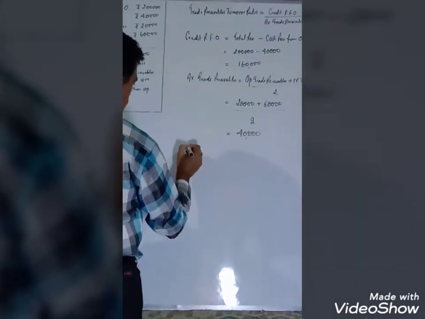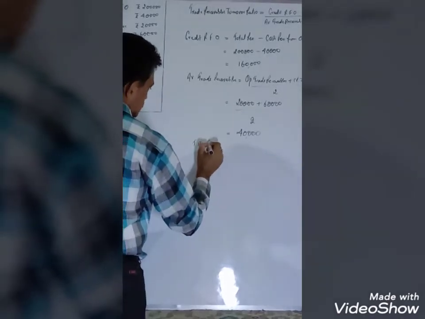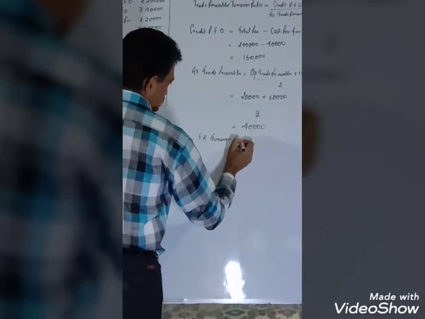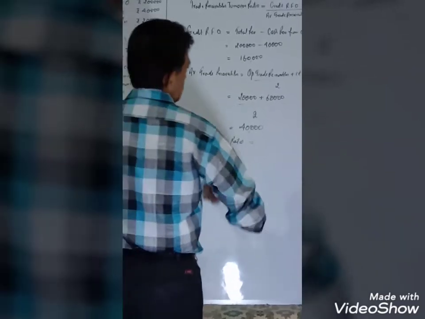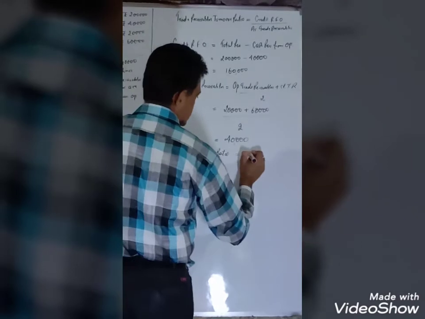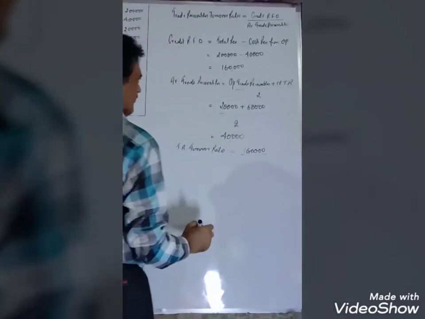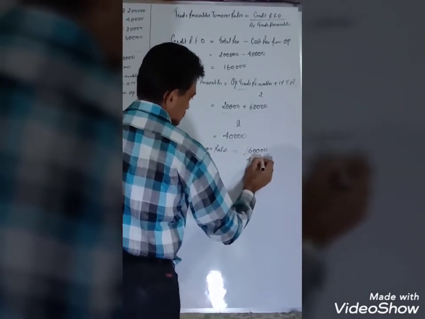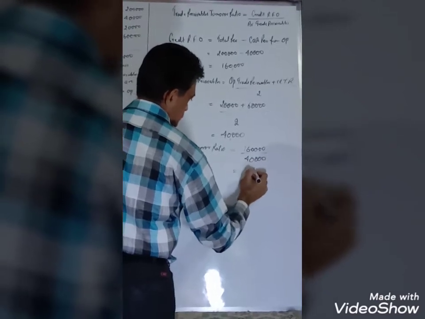Therefore, trade receivables turnover ratio is equal to credit revenue from operations 1,60,000 divided by average trade receivables 40,000, which is 4 times.